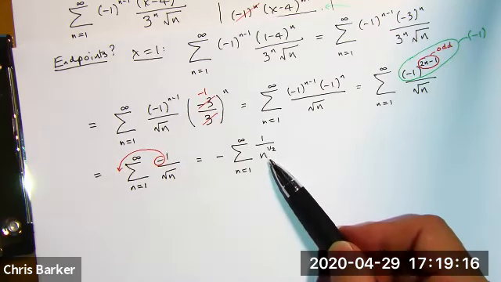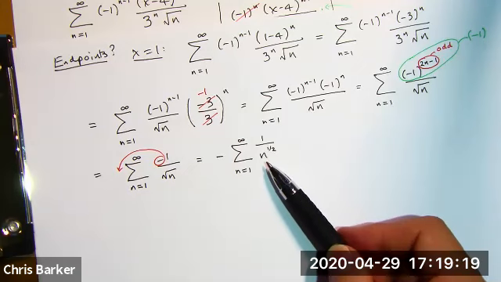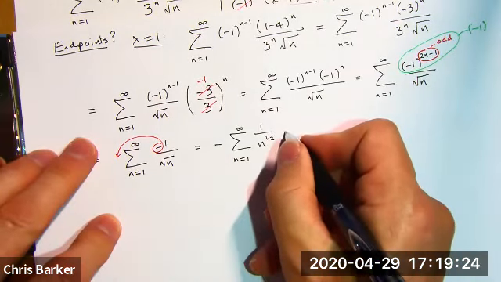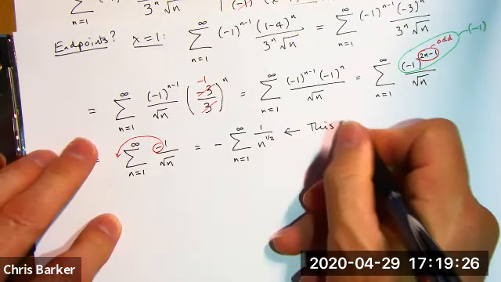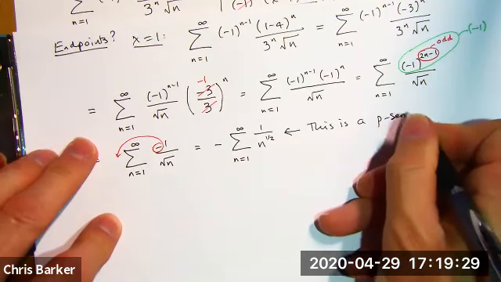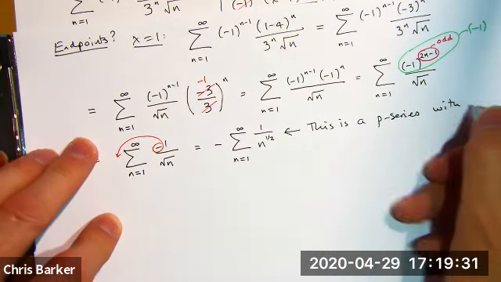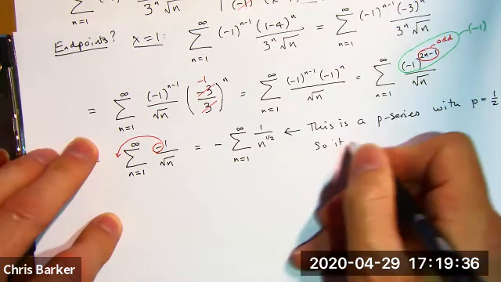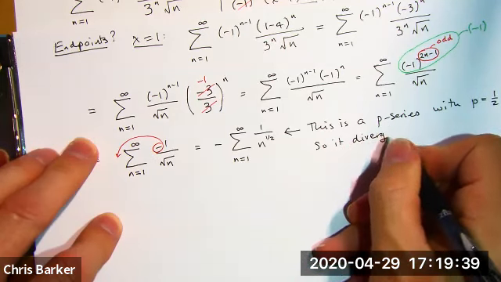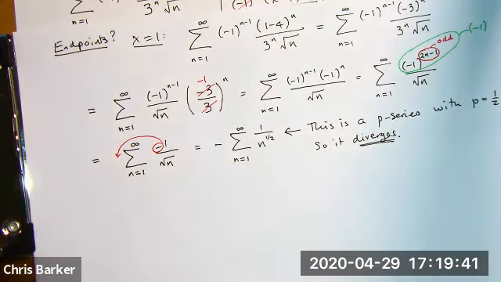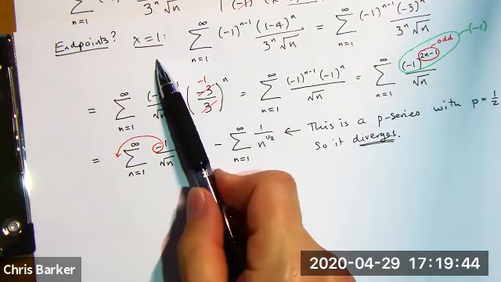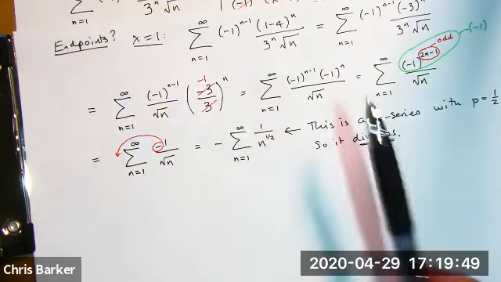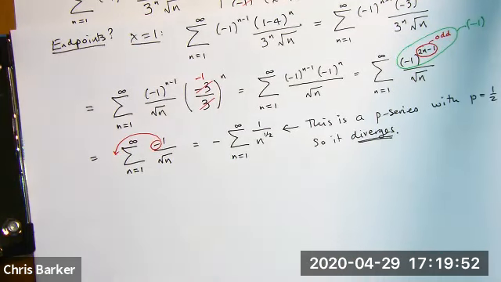What do those always do? Diverge if the p-value is less than or equal to 1. So this is a p series with p equal to 1/2, which is less than or equal to 1. So it diverges. So that endpoint, 1, is not going to be included in the final interval of convergence. That endpoint diverges.